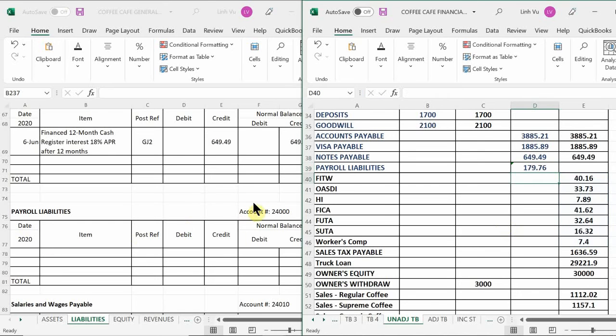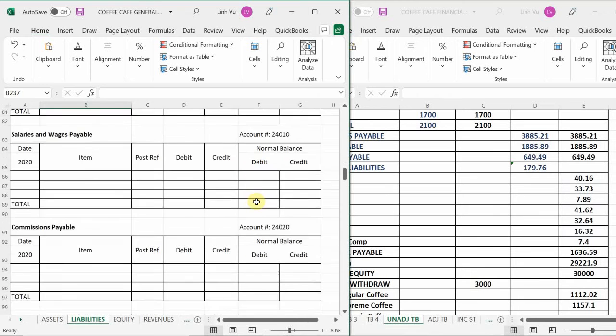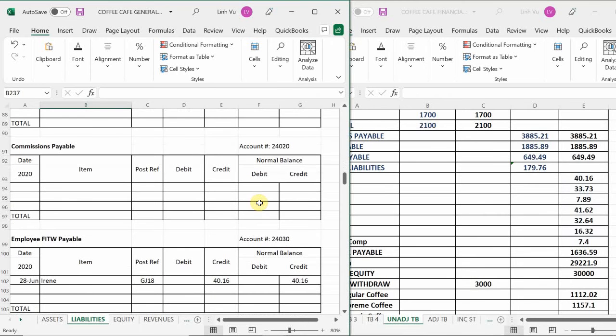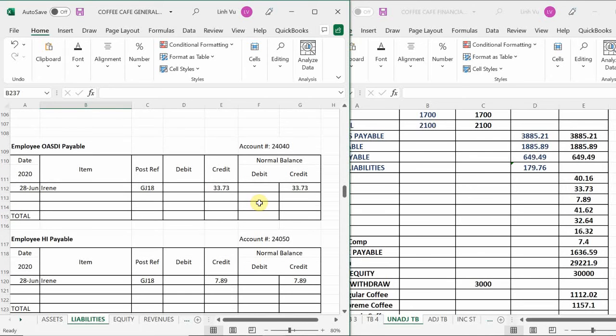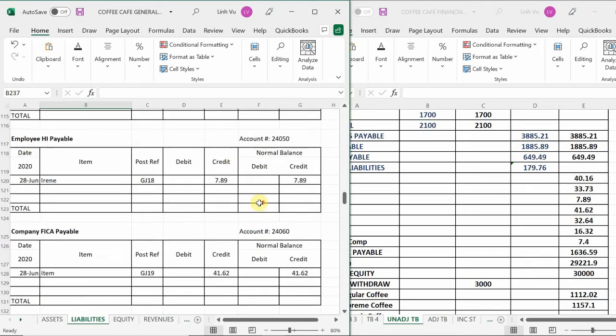So let's go through all of that. FITW is 4160. My OASDI is 3373.